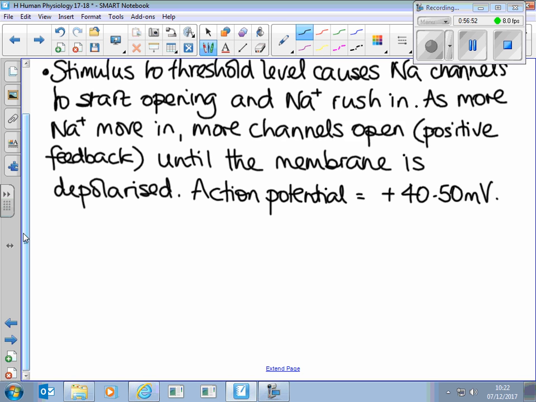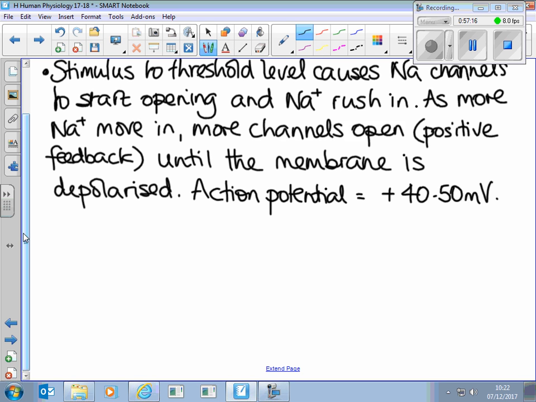But as they do so, the potassium channels now all fly open. Remember, there were only a few open before, so they all open, and the potassium, of course, can now rush which way? Out. That's it. So that puts more positive ions back on the outside, and it actually repolarizes the membrane. All right, so that's our next bit.